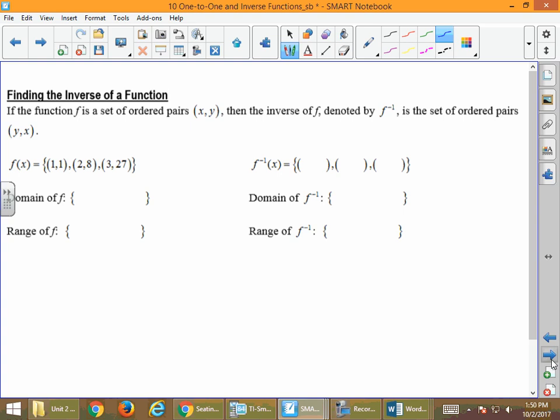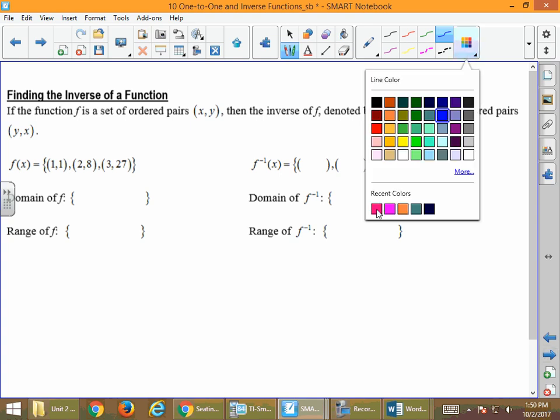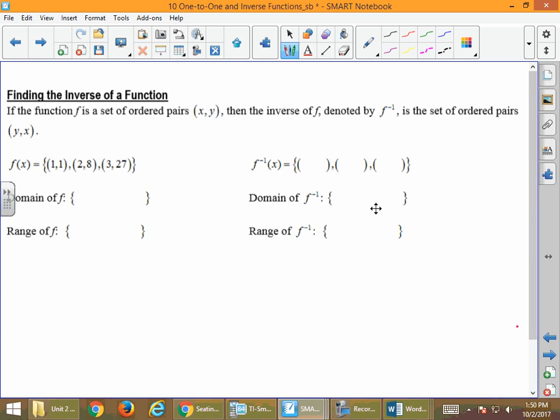F to the negative 1, all that means is inverse, is the set of ordered pairs y, x.